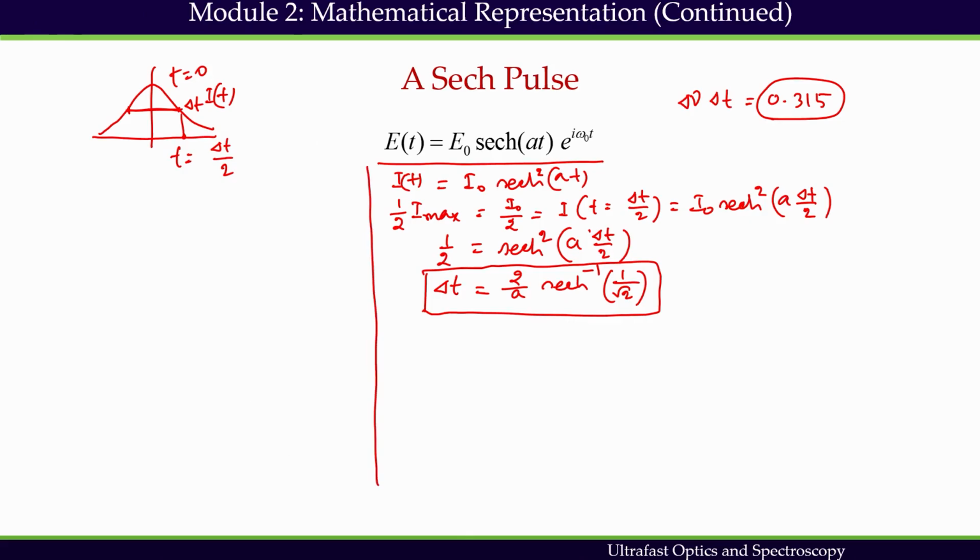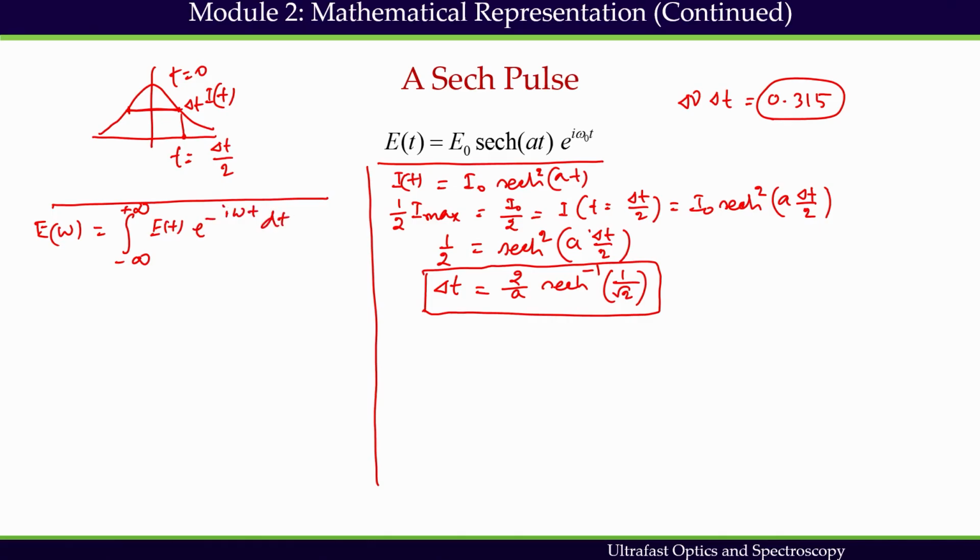On the other hand, if we have the time domain field, I can also express the frequency domain field in the following way. E omega is nothing but the Fourier transform of the time domain field, which is E t e to the power minus i omega t.